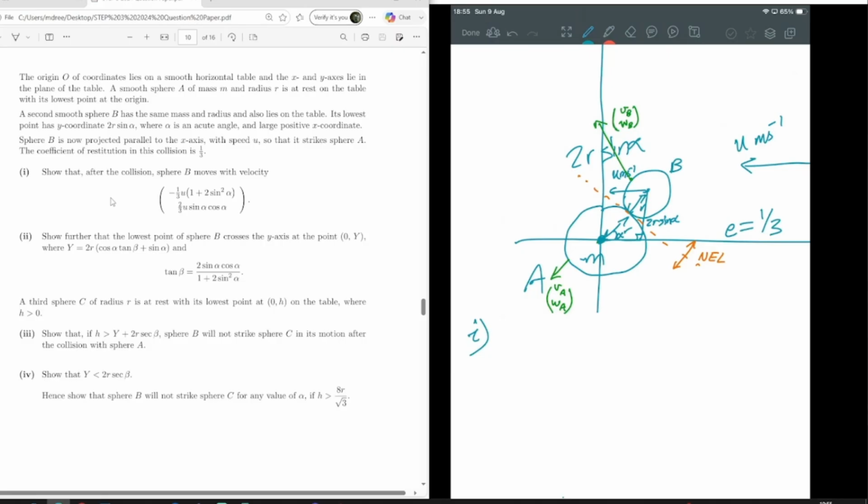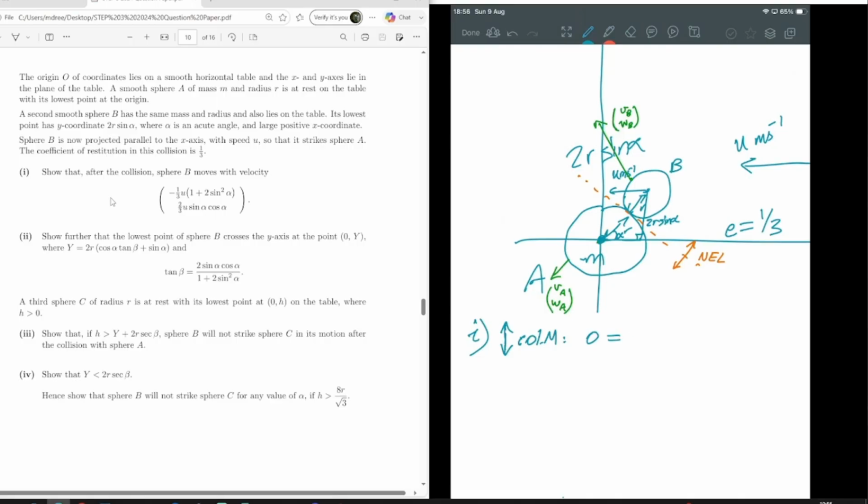So let's do some conservation of momentum and Newton's experimental law. Maybe the easiest conservation of momentum is vertically. So vertically, using conservation of linear momentum, the initial momentum for both is 0.